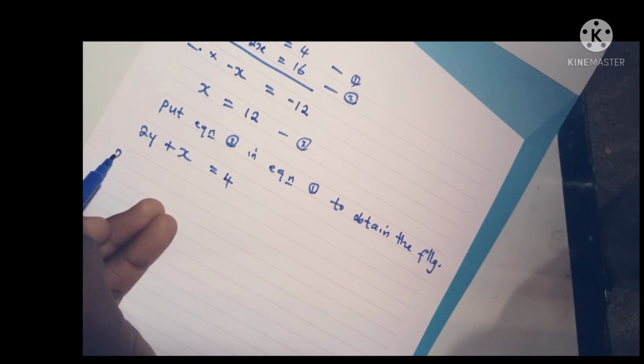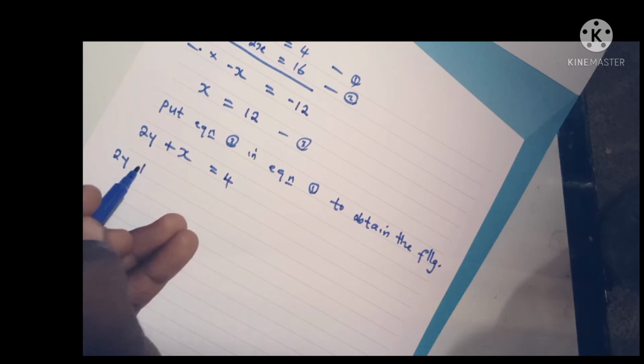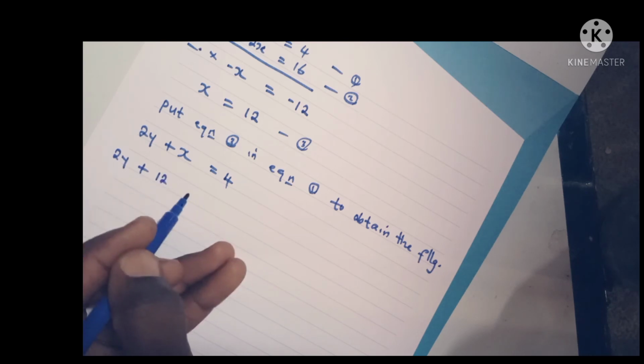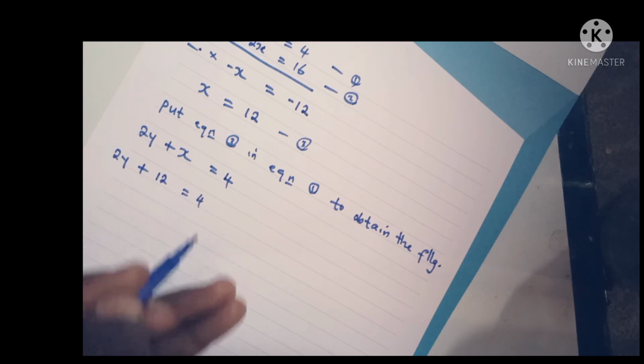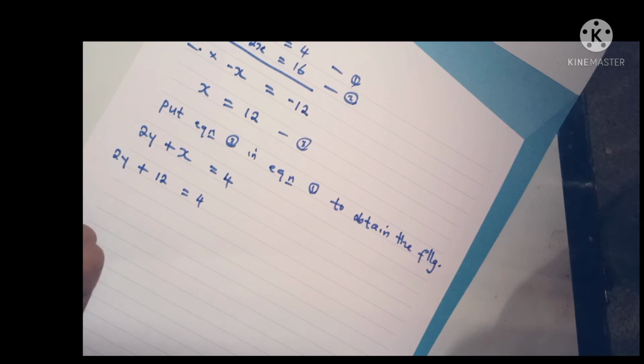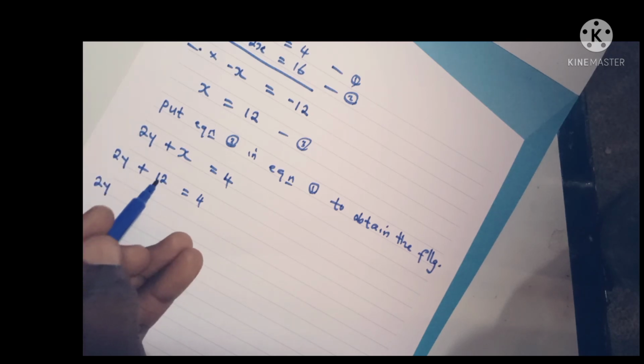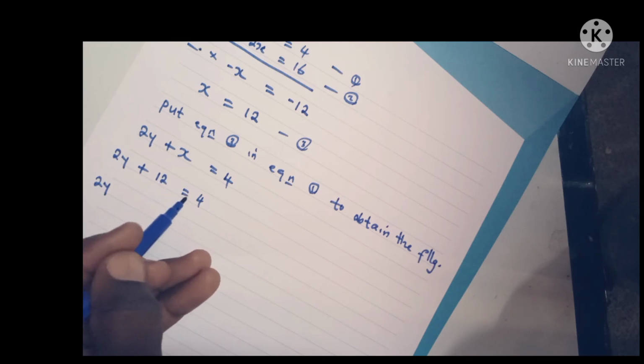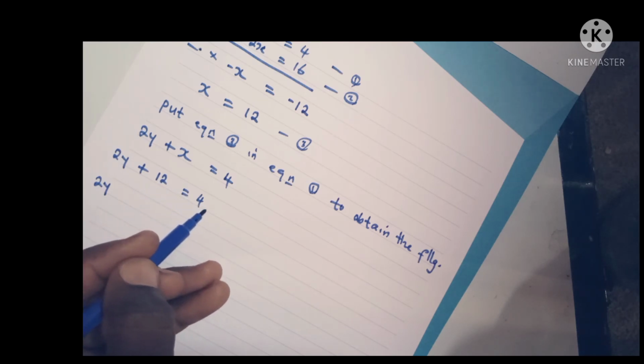So we're going to put the value of x there. 2y plus 12 equals 4. Now let's collect like terms, right? This positive 12 will cross the equal sign and become negative 12, right?